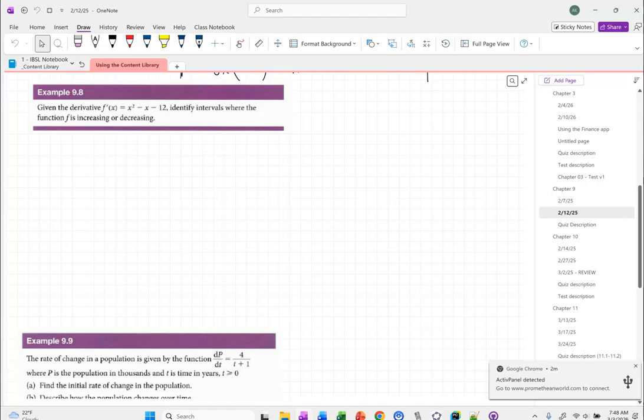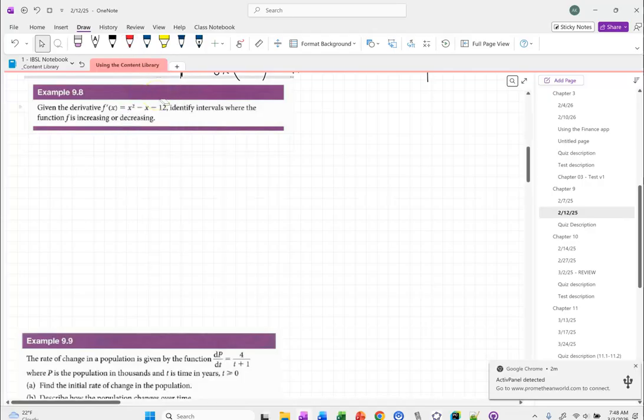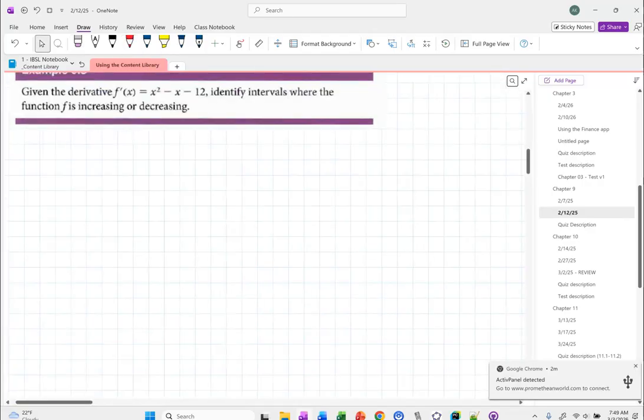So if a function is increasing, it means its slope is positive. And remember, the slope is the same thing as the derivative. And decreasing, then, is where the derivative is negative.